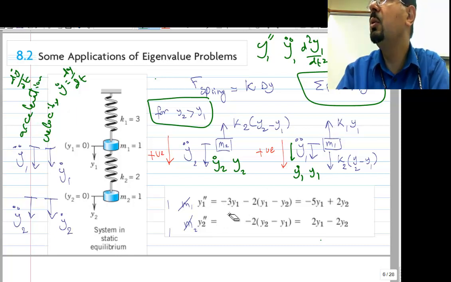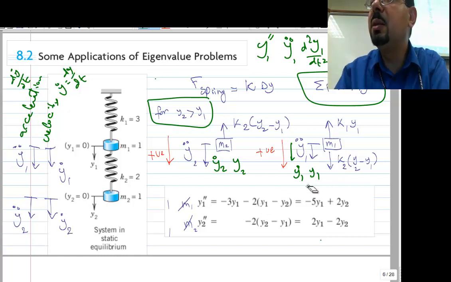That's the spring constant for spring 1. So minus 3 y1, and this guy should be plus k2 (y2 minus y1), where k2 is 2. Should be plus 2. But see what he did? He made it minus 2 (y1 minus y2) rather than y2 minus y1. Same thing.